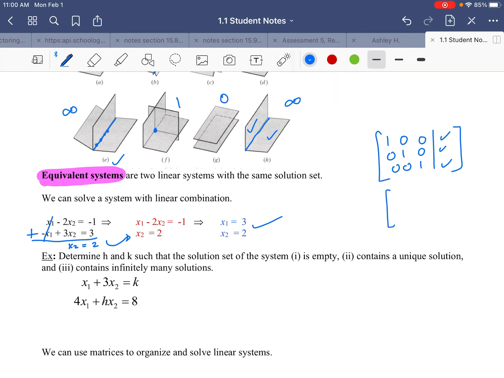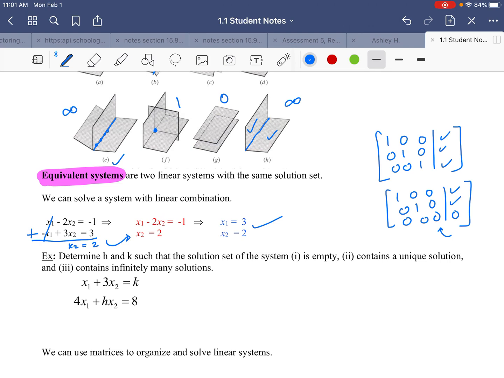When we came out with a matrix like this, and then we had this, and we had 0 here. Remember, this was infinite solutions. So infinite solutions here, because later you'll learn we have something called a free variable. And that would be this one right here, but you'll learn that later.